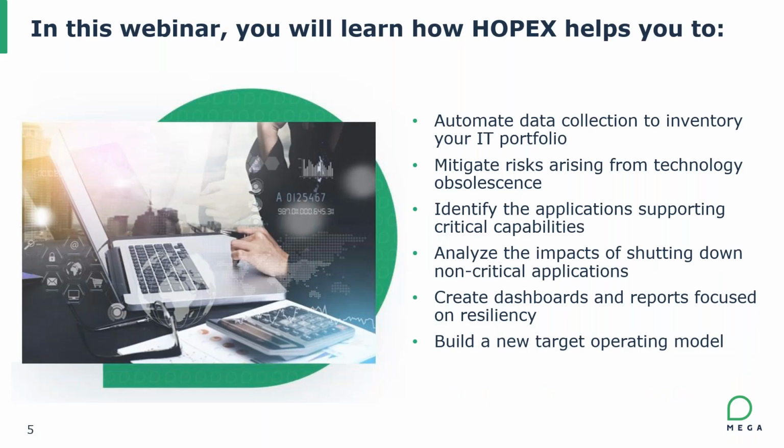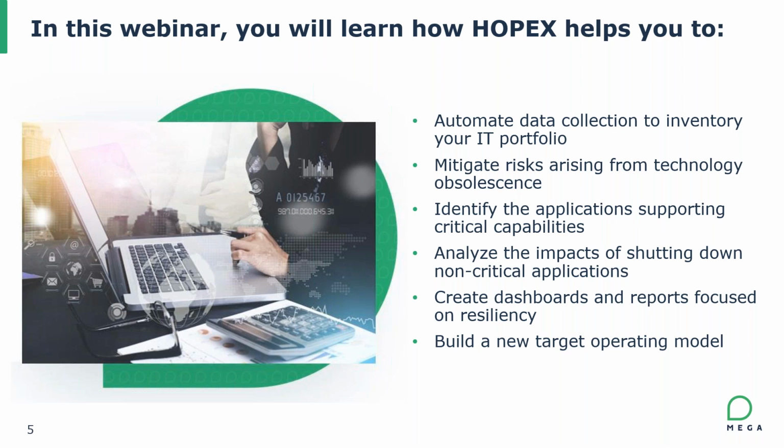So in this webinar, we will learn how HOPEX can help you to automate data collection, to inventory your IT portfolio, so technologies, applications, servers, business capability, and so on, how they are all connected. We will learn also how we can mitigate risk arising from technology obsolescence. We will learn how to identify applications supporting critical capabilities.